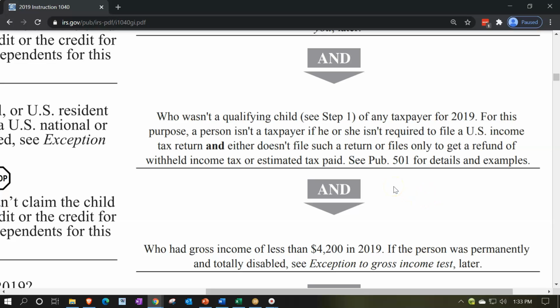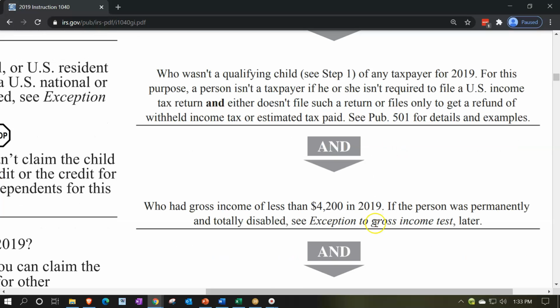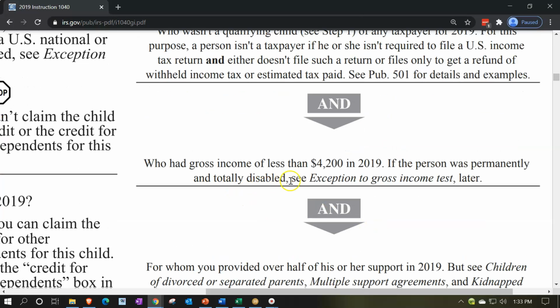You can see Publication 501 for details and examples of that. Next: who had gross income of less than $4,200 for 2019. Now that's a low threshold. This is the 2019 threshold. It may change slightly for 2020, but you would think it would still be a fairly low income threshold, perhaps adjusted for inflation.